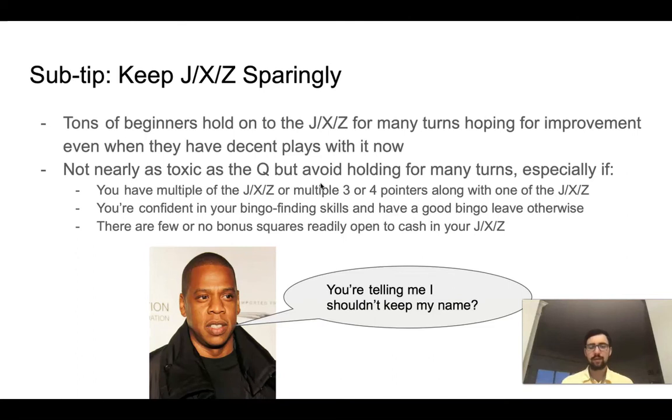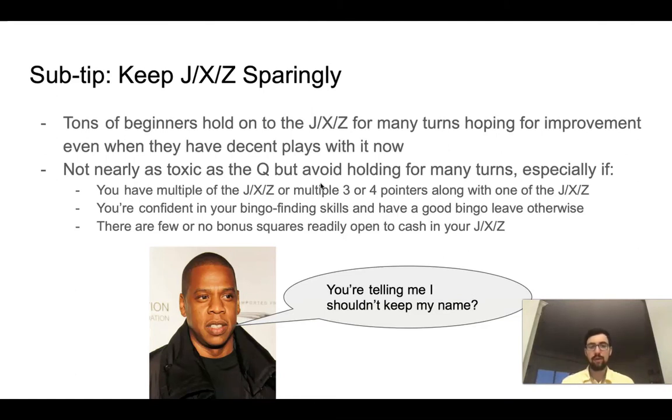You're, again, a lot better off just getting rid of these tiles sooner rather than later, because it'll increase your chances of bingoing, and it'll increase your chances of drawing other big plays that don't necessarily involve those tiles. So you shouldn't be as desperate to exchange these away or get rid of them as the Q, but still avoid holding them for multiple turns in a row, especially if you have multiple of them.